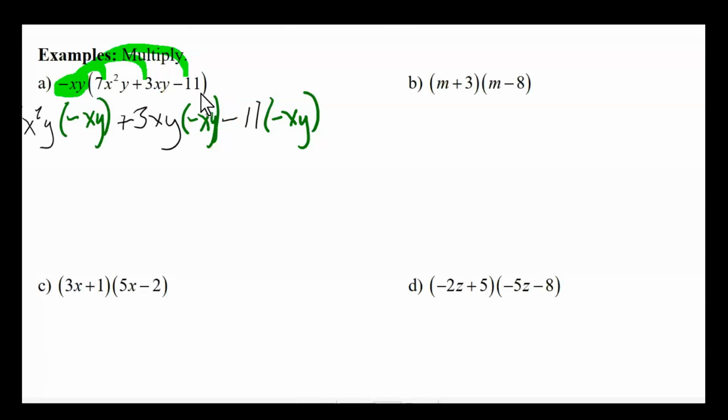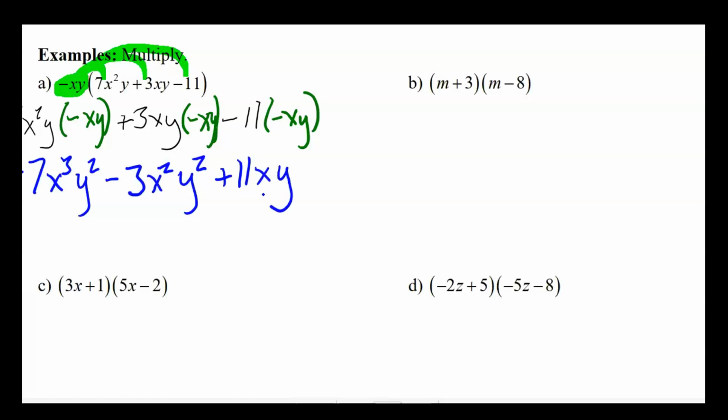Multiplying that, that's my second term, and then multiplying the third one, that will be my third term. So you just go through and do it. So 7 times -1, -7, x squared times x, x to the third, y times y, y squared. 3 times -1, -3, x times x, x squared, y times y, y squared. -11 times -1 plus 11, and then no other variables, so just x, y.